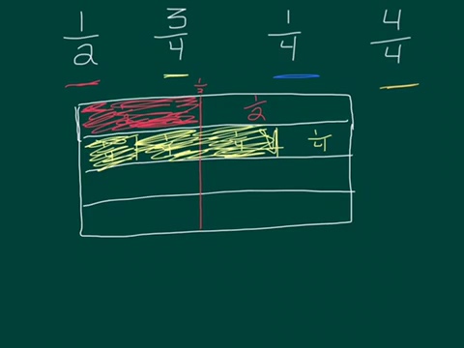Our next fraction is 1/4, right here, and we're going to use this third fraction strip. I have my halfway benchmark to help me keep my pieces equal. My denominator is 4, so how many pieces do I need to split this fraction strip into? You're right, I need to split it into 4ths.